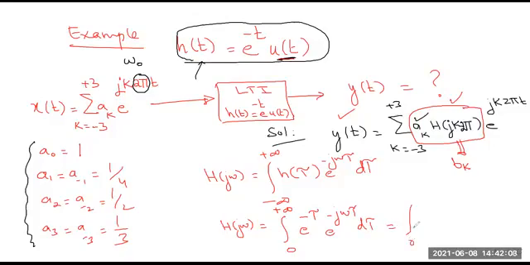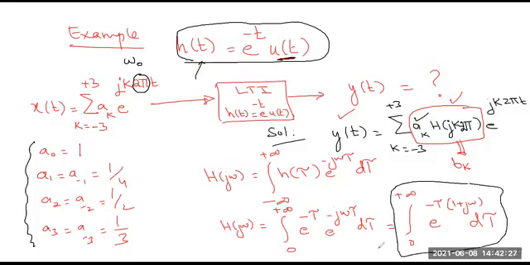So you can easily find the answer of this integral. Minus tau can be taken as common, and then you have 1 plus j omega. If you solve this simple integral, H of j omega will be equal to 1 divided by 1 plus j omega.